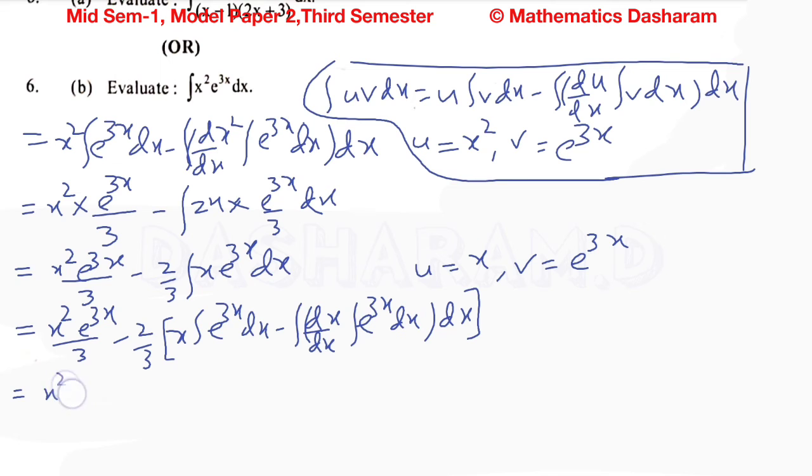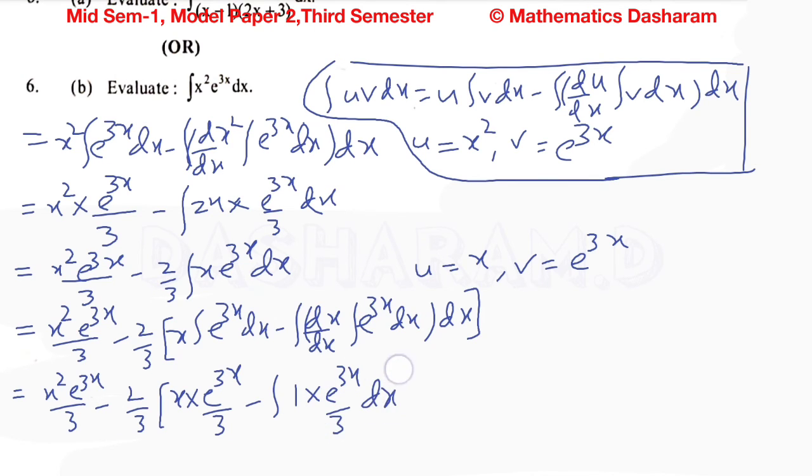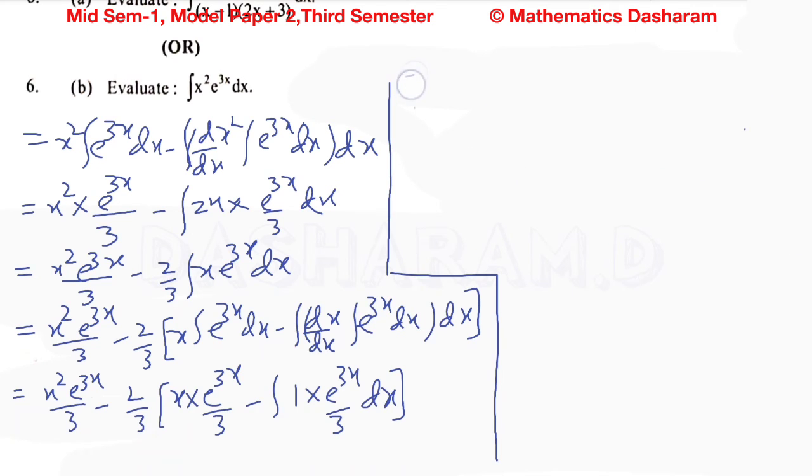So it equals x square into e power 3x divided by 3 minus 2 by 3 into, here x into integration of e power 3x divided by 3, minus the derivative of x is 1 into e power 3x divided by 3 dx. That is x square into e power 3x divided by 3 minus 2 by 3 bracket of x into e power 3x divided by 3 minus 1 by 3 constant, and here the integration of e power 3x is e power 3x divided by 3 plus c.